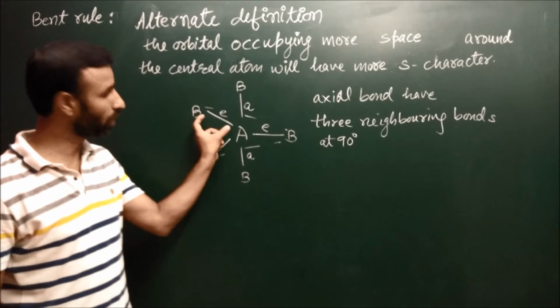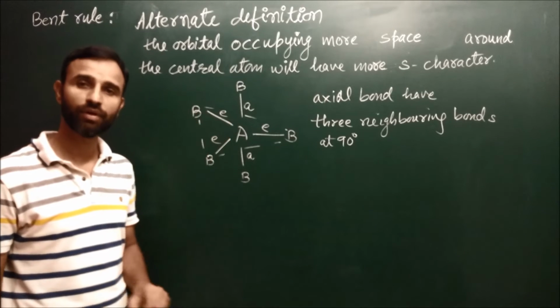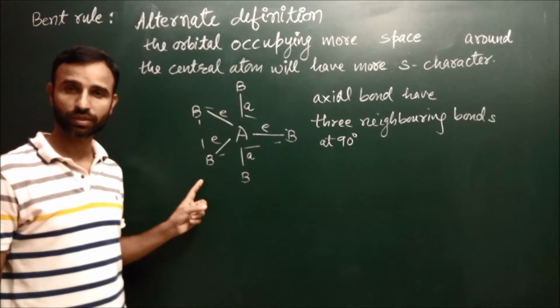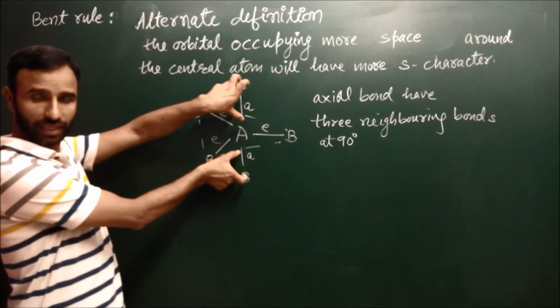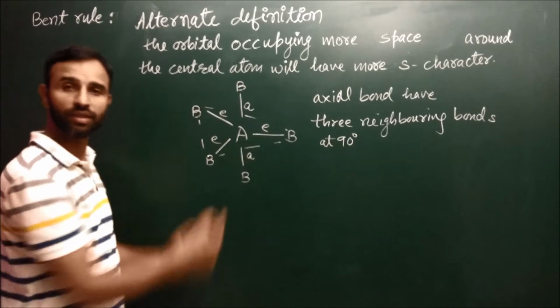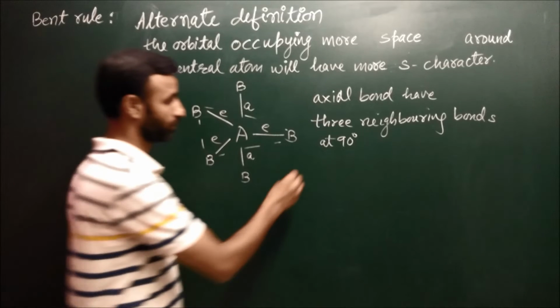But equatorial bonds will have 4 neighboring orbitals, 2 at 90 degree and 2 at 120 degree.